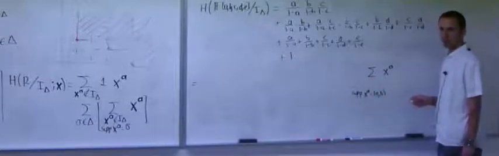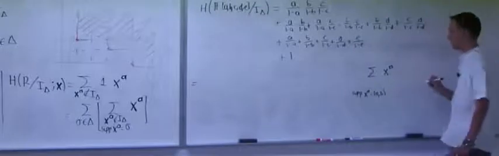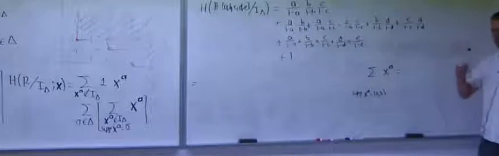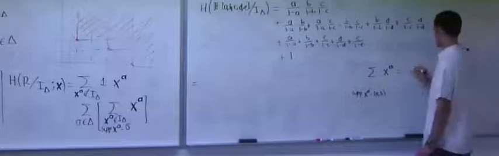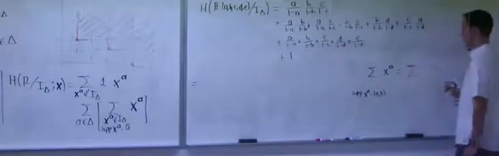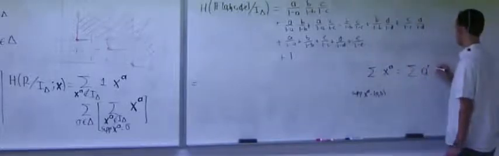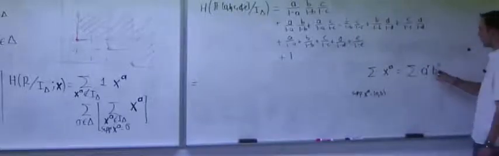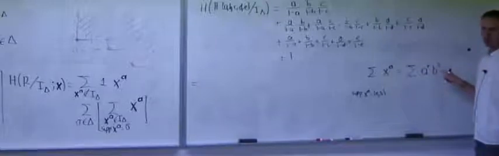Okay? So what do these guys look like? All the different monomials whose support is A, B. So they look like A to the something, B to the something. Okay? So they look like this. And what are R and S?